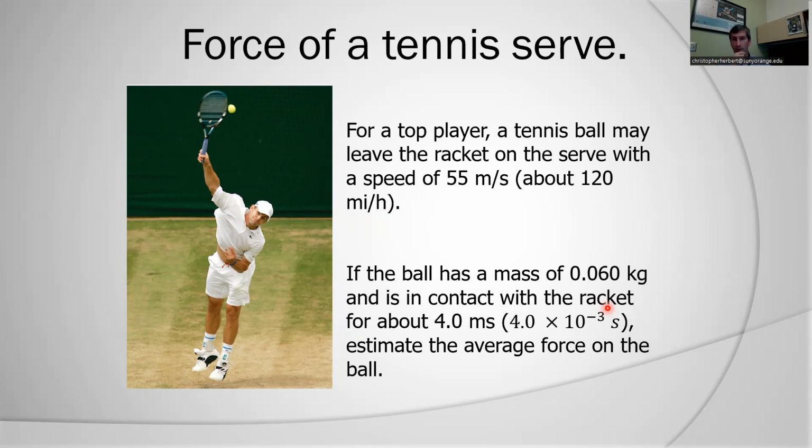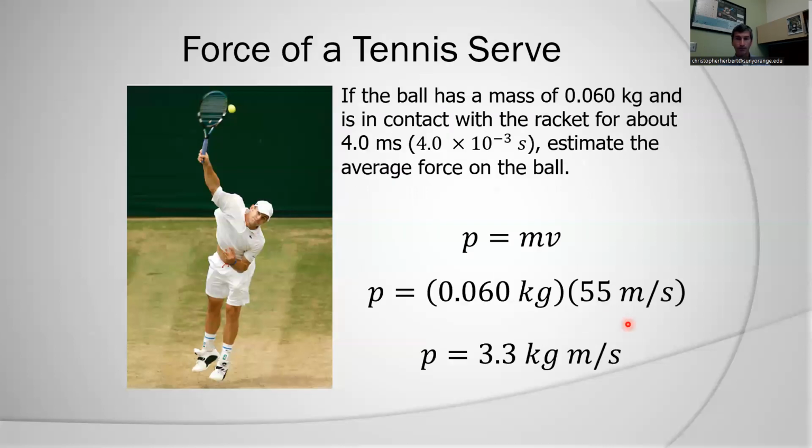Here we have a serve, which is being made from a speed of 0 to 55 meters per second. We want to know, if the interaction time is 4 milliseconds, what would the impulse be here? What's the average force? So again, we're going from 0 momentum to a momentum of 3.3 kilograms meters per second, or 3.3 newton seconds.